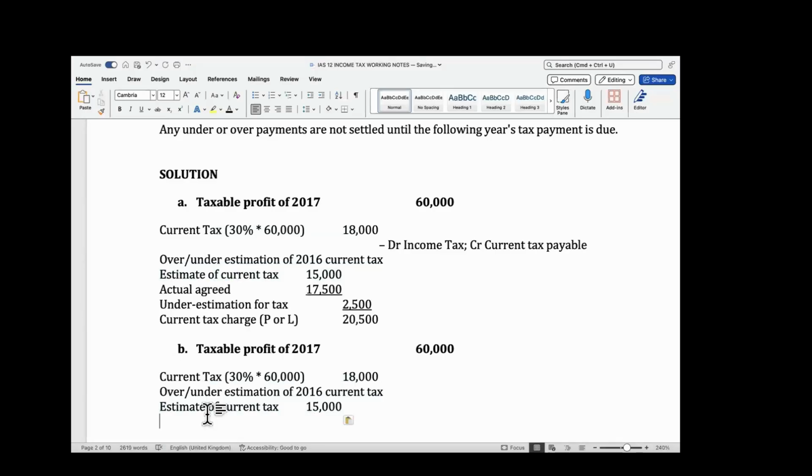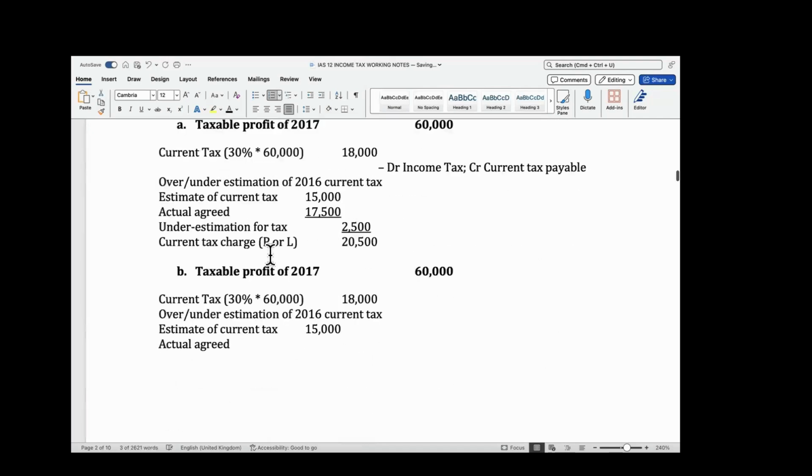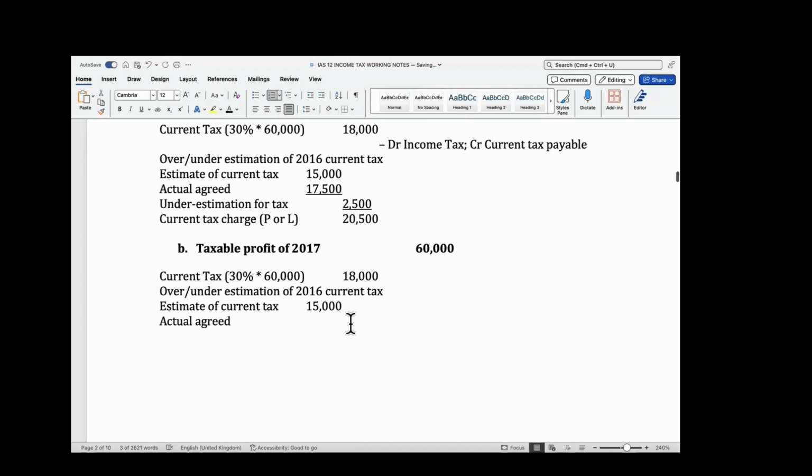And the B part told us that the actual tax agreed is 12,500. So in this scenario, it's assumed that you actually overestimated the tax. Similar to this one, it is also 2,500.